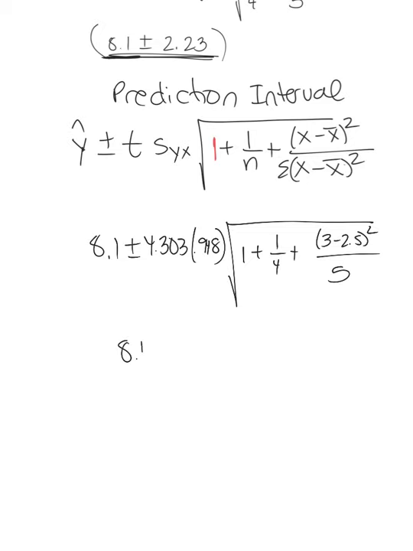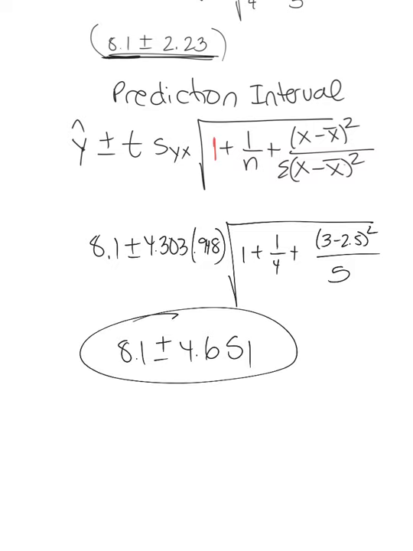And we get 8.1 plus or minus 4.651. Notice that the prediction interval is bigger than our confidence interval because this is trying to estimate a very specific expected sales revenue in, say, a given month or a given day.